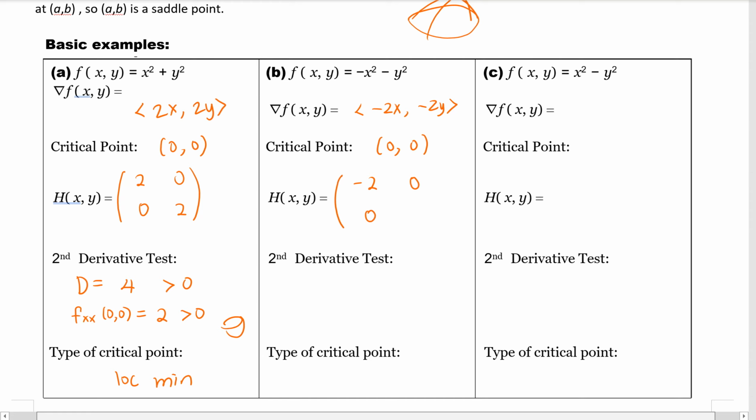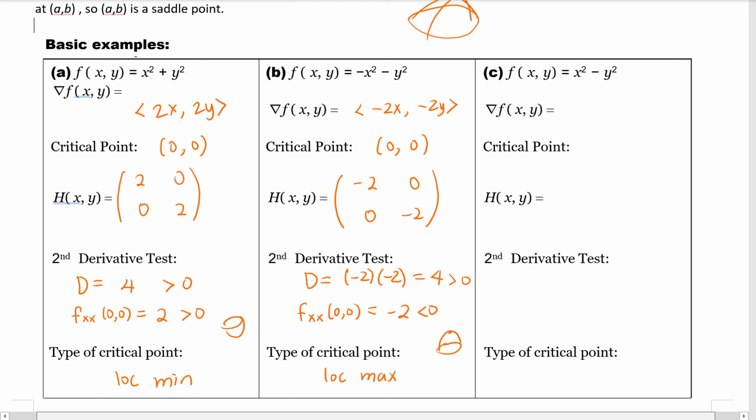The derivative of negative 2y with respect to y is negative 2. And then D, what's the determinant? Negative 2 times negative 2 minus 0, we get 4. But what's fxx at (0, 0)? We get negative 2, which is negative. So we have concave down in the x direction, then it's concave down everywhere because it's a bowl shape, right? D is positive. Then this is a local maximum.